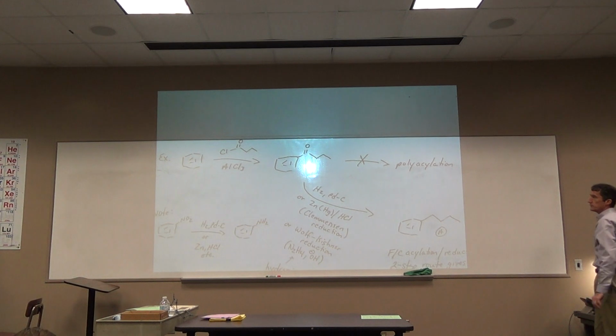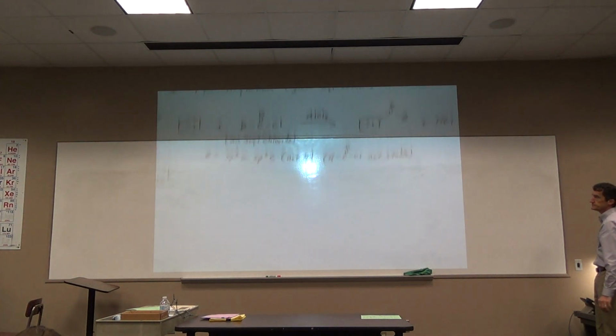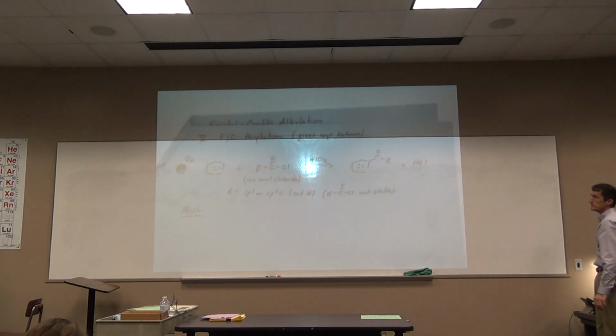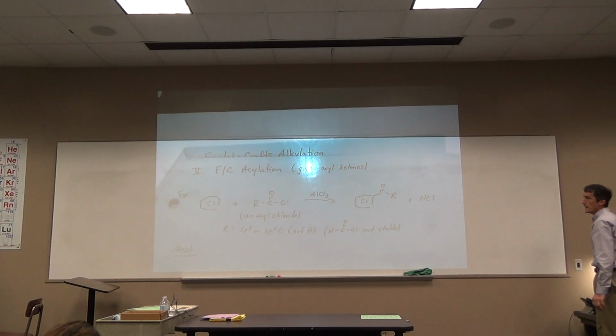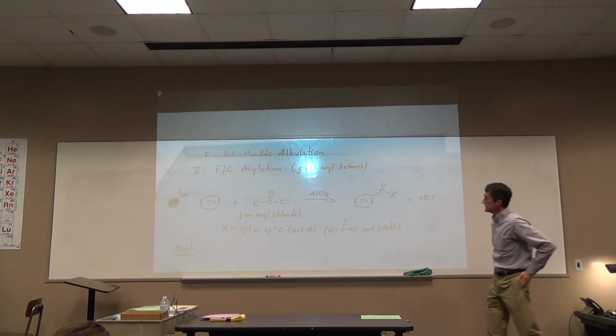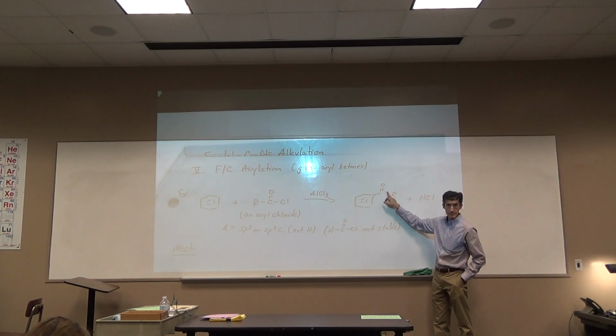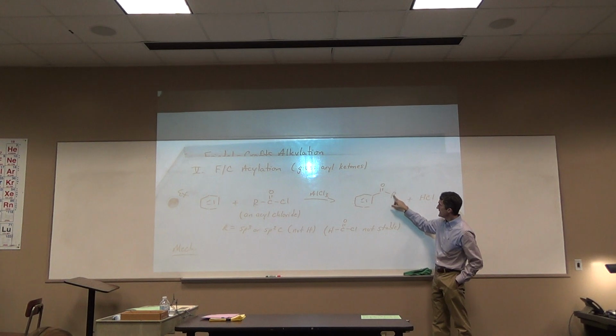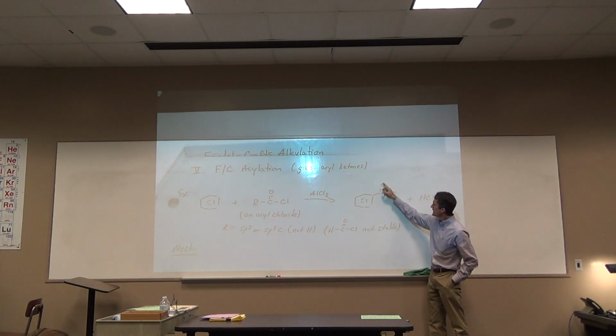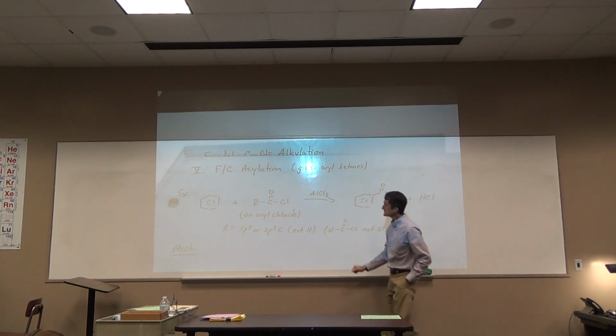Let's now look at Friedel-Crafts acylation. Acyl group is a name for a ketone group. Could theoretically be an H here, but usually it's a ketone from an acyl group.